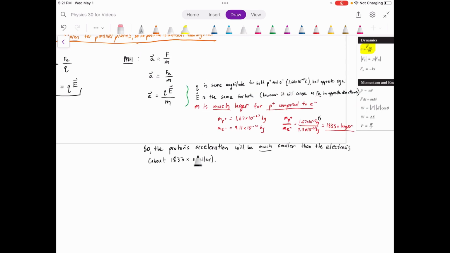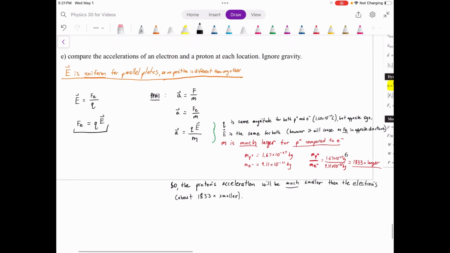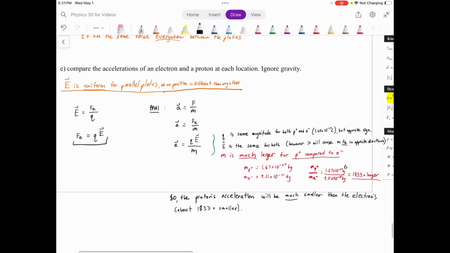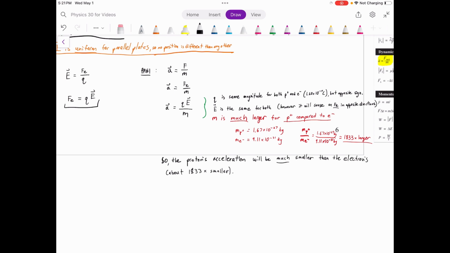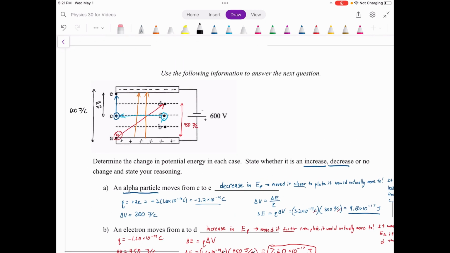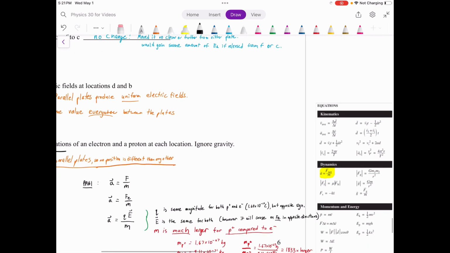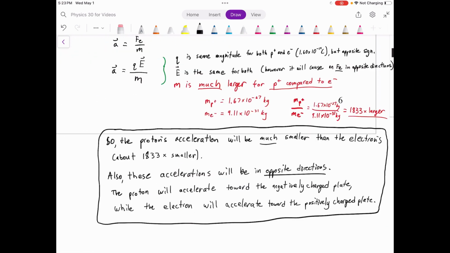Okay? And also, we should mention, we're talking about acceleration. That's a vector. So since we're comparing them, a good way to compare them is also their direction. So also, they will be in opposite directions, right? The electron will accelerate downward towards the positive plate. The proton will accelerate towards the top of the page towards the negative plate. So we'll add that. And there we go.